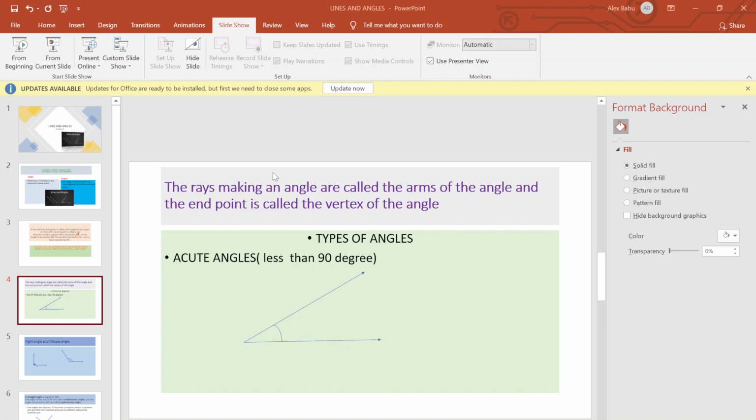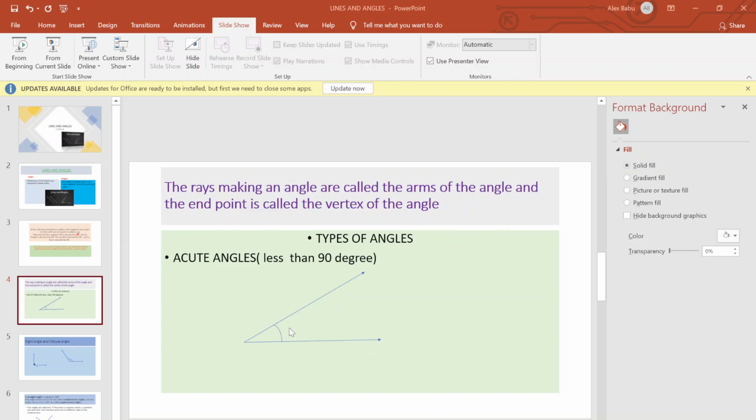Two angles are adjacent if they have a common vertex, a common arm, and the non-common arms are on different sides of the common arm. From this we can see this is the common arm, and these two are the opposite non-common arms. The angles formed are adjacent.